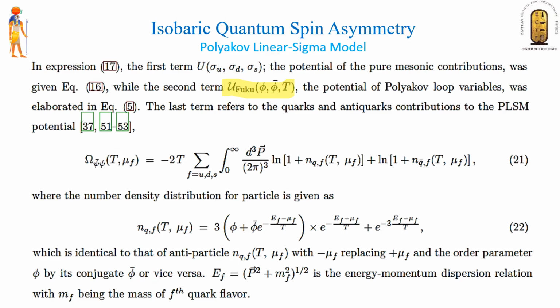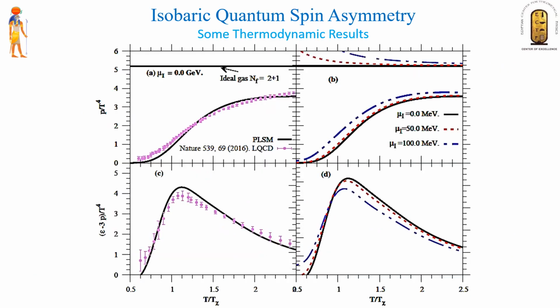We have here the sigma psi bar psi, which accounts for the three quarks at finite temperature and finite chemical potential, where we are expressing here mu f, which accounts for all the quantum charges, where this expression also includes the Coulombic degrees of freedom. Done, we can now calculate the thermodynamics.